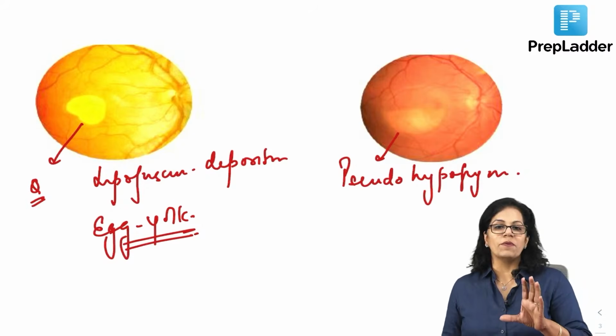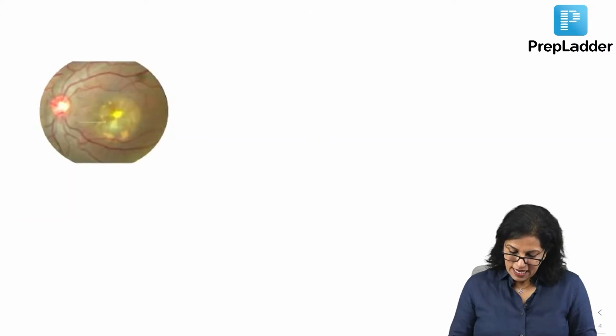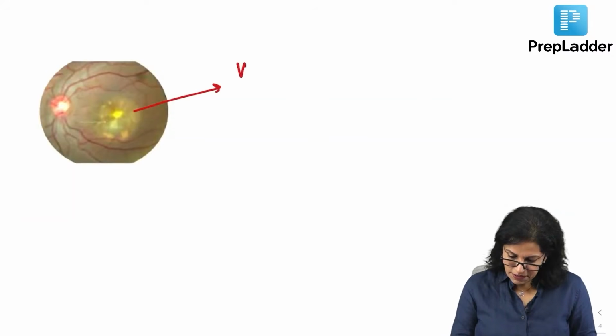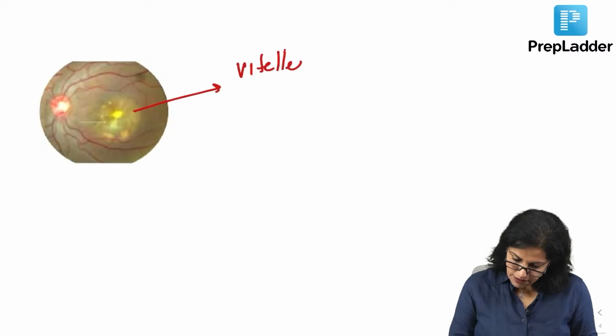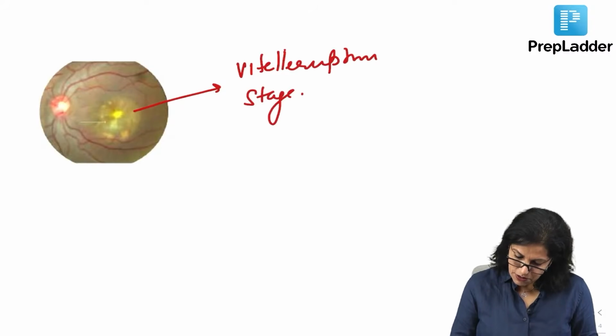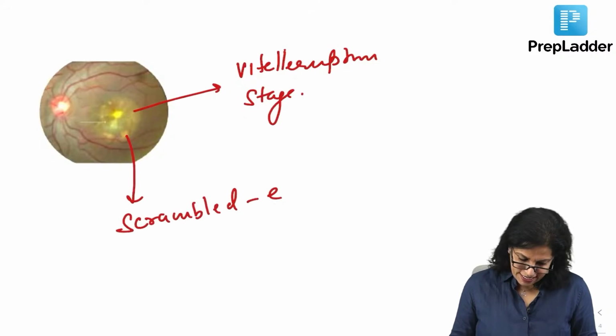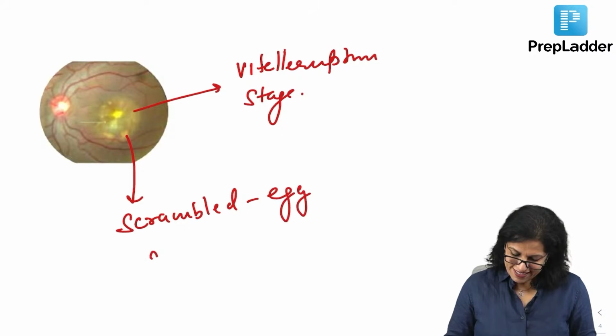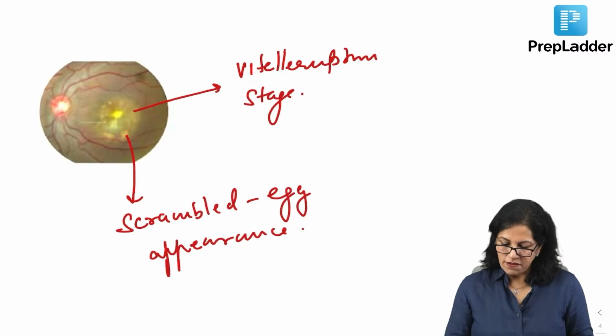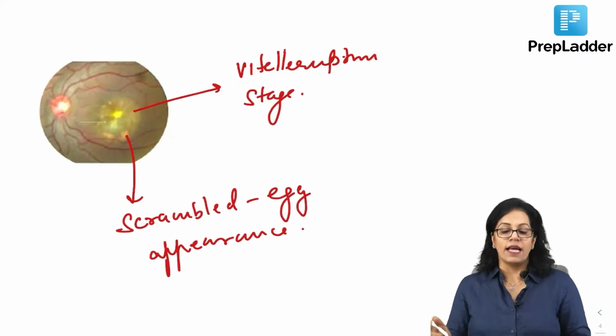This is the pseudohypopyon appearance of Best disease, and then comes the vitelliruptive stage. Once there is a vitelliruptive stage, your vision is going to drop, which is called the scrambled egg appearance, right? Are we revising together? This is the scrambled egg appearance, the vitelliruptive stage. What will be the last stage?